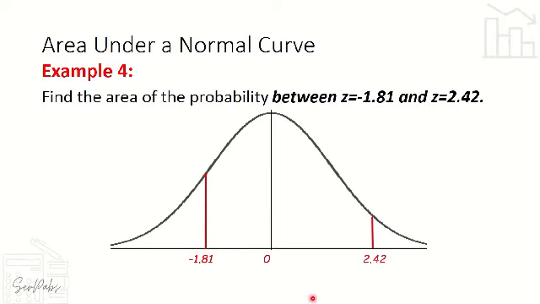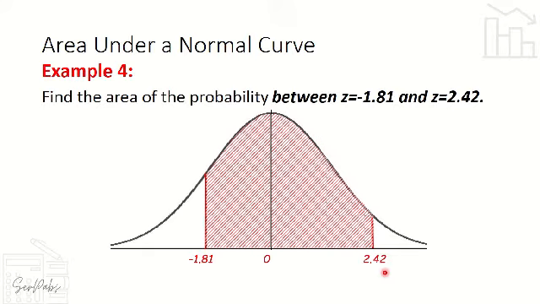And then let's locate 2.42, so yan naman ay nasa kanan ng ating mean. So, mas malayo ng konti yung 2.42 kasi mas mataas siya sa 1 and 2. And then, shade the area kung saan kukuhanin natin yung probability. So, yun yung area sa pagitan ng negative 1.81 saka ng 2.42. So, that will be our shaded area.